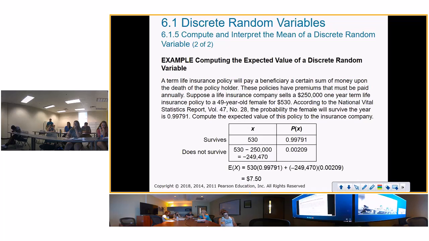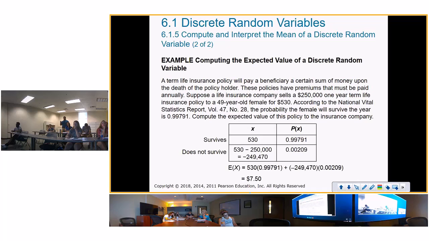Okay? And that's what it says, the term life insurance policy will pay. They're looking at it from an insurance company. So there is your event, 530. 530 means that I survived the year. Negative 249,470 means that I'm dead. Okay? Probability of me living is 0.99791.